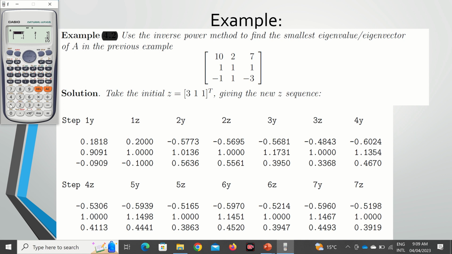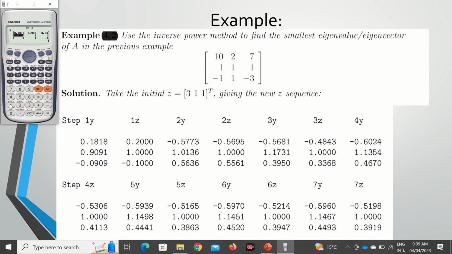It was in fraction as well, you can see that. Okay, 0.1818. Okay, that's right. Next one is 0.9090. Okay, minus 0.09.